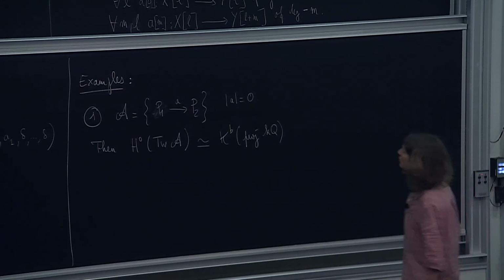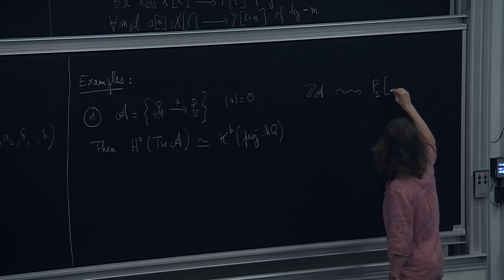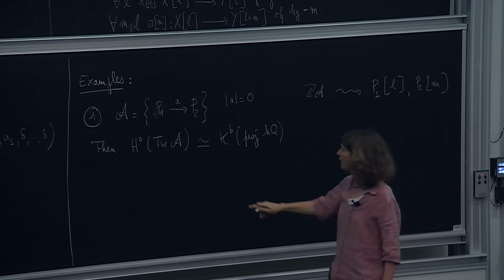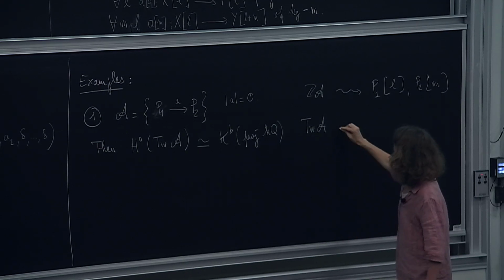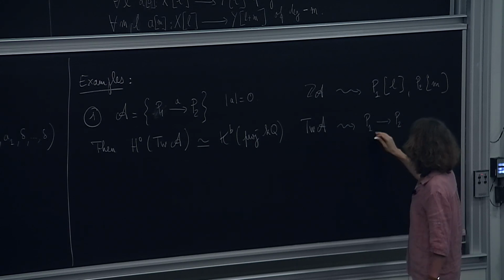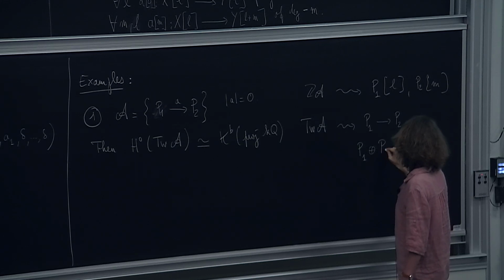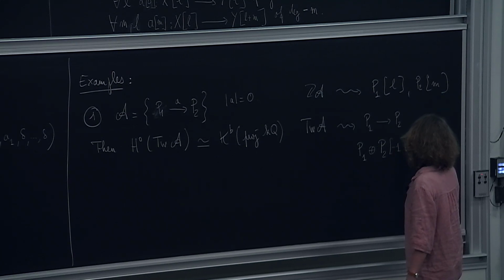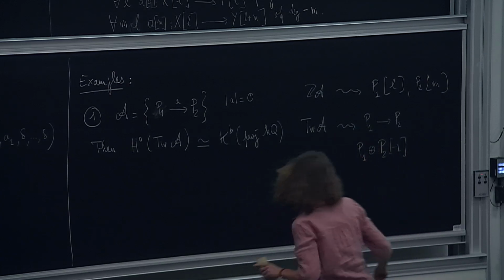So in the ZA construction, you will get this object P1 shifted by L and P2 shifted by M. And when you do the twist construction, then you get new objects, typically P1 to P2. So maybe you would like to write P1 plus P2 shifted by -1, or, maybe I should do it as this complex.